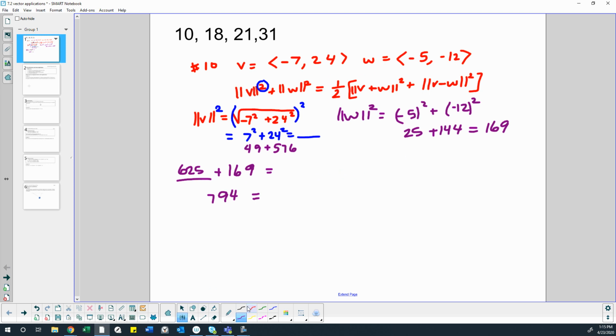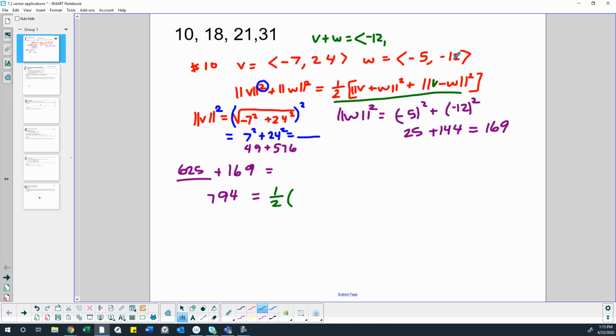Okay, meanwhile, I'm going to work on the other side of the problem. So it's going to be a half times. This time we're going to add the vectors and find the magnitude squared of that, and then subtract the vectors and find the magnitude squared of that. So v plus w would be -7 plus -5, so -12.